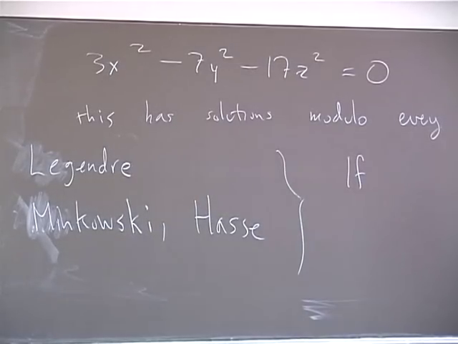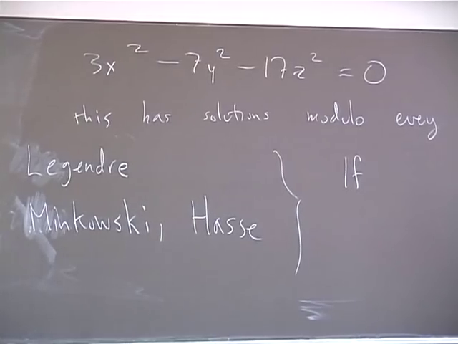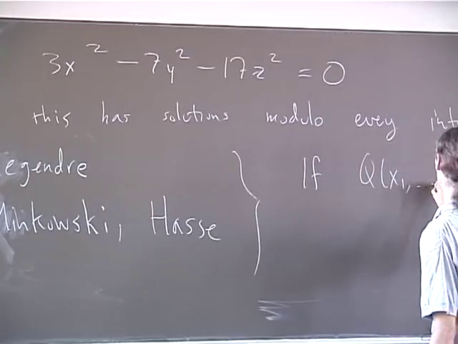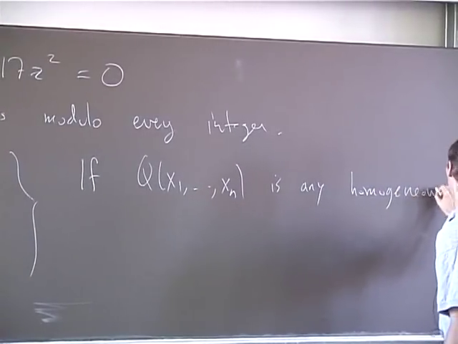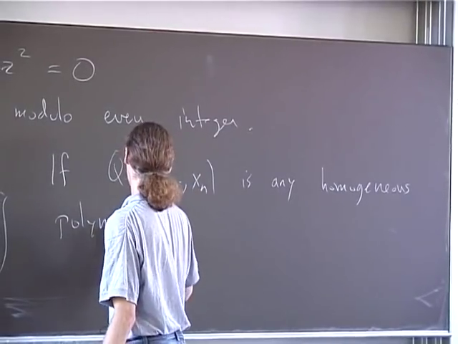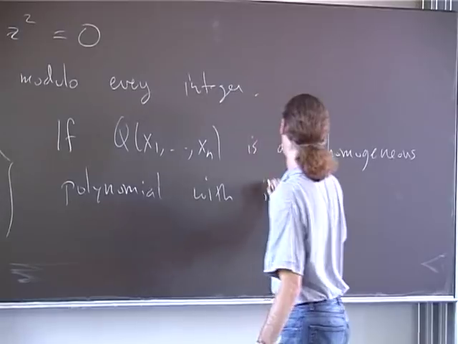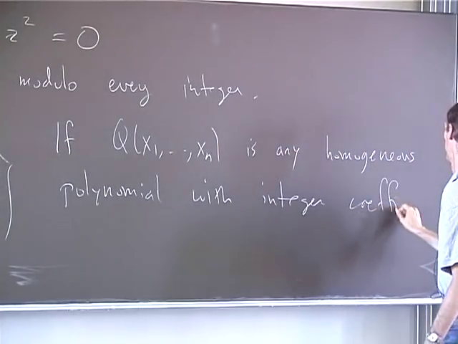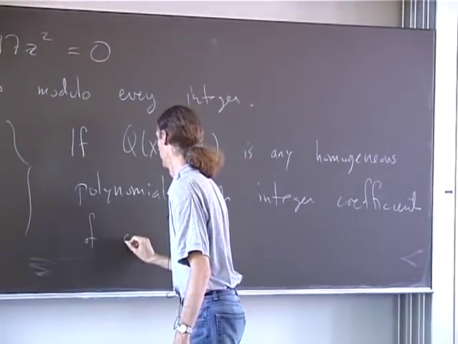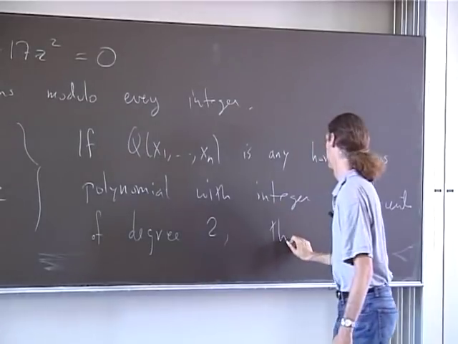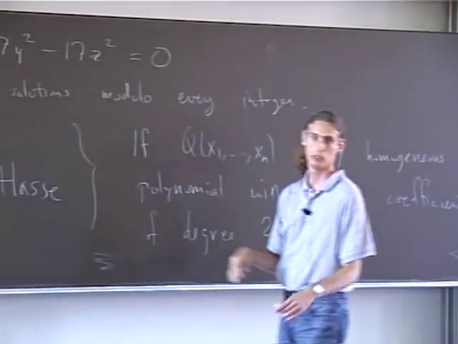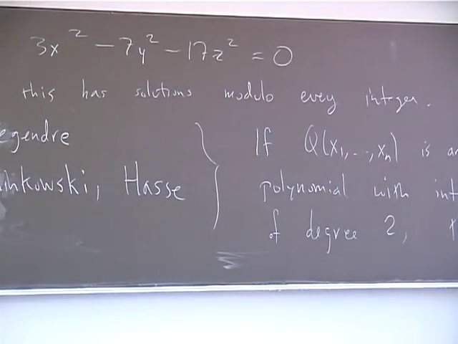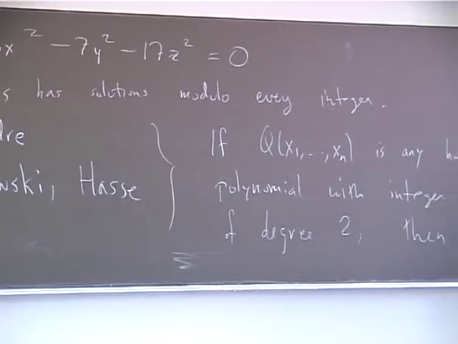If you have any homogeneous polynomial of degree 2, and if you can verify this sort of condition, then it will follow that there are, in fact, integer solutions.